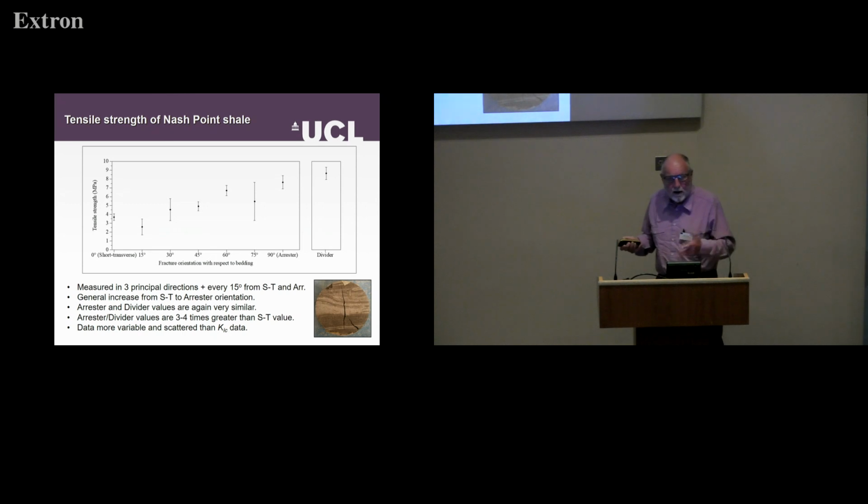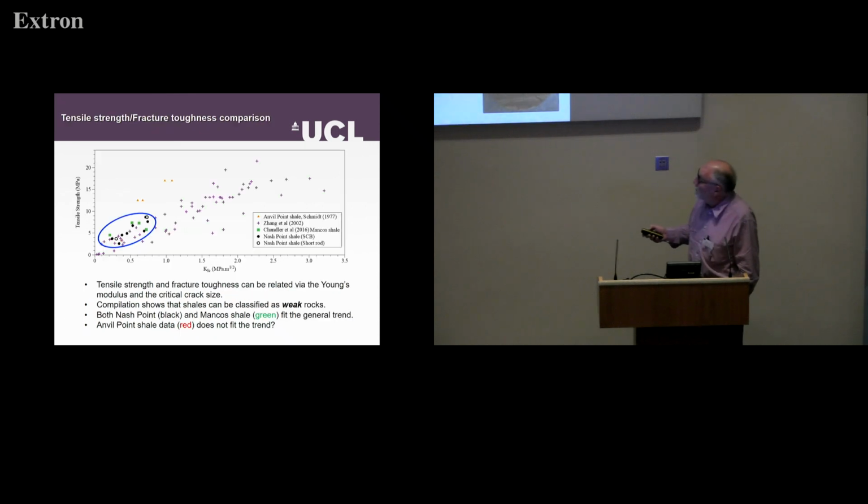But the data is considerably more scattered and variable than the fracture toughness data, and that's because the fracture toughness is a more fundamental measure of fracture propagation than the tensile strength. We can discuss why that might be later. But a similar kind of activity.